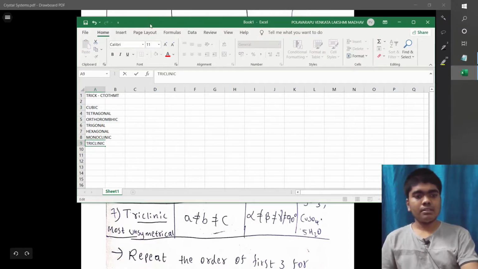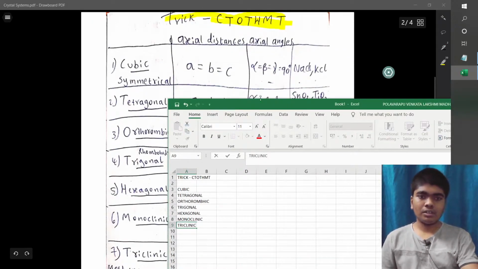If you remember these names, it will be easier to draw the remaining things.